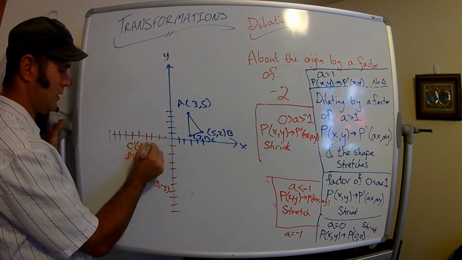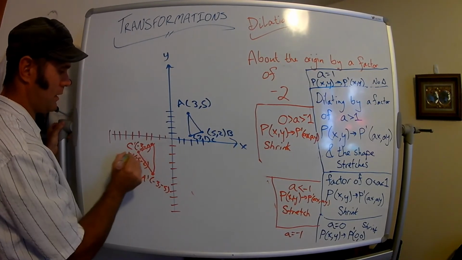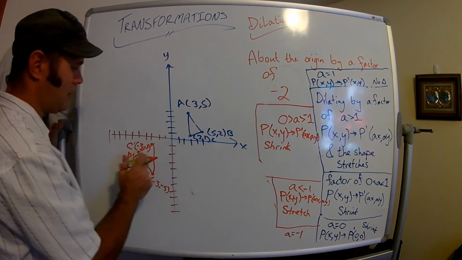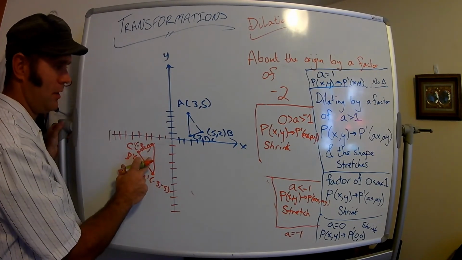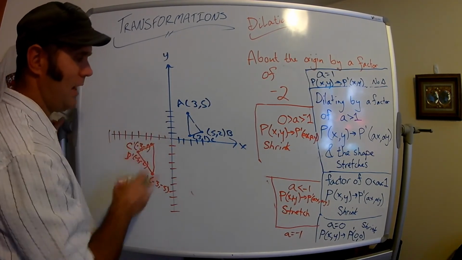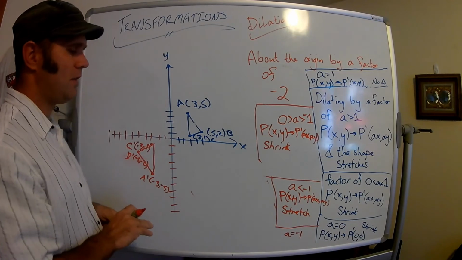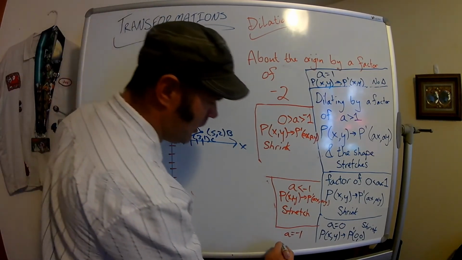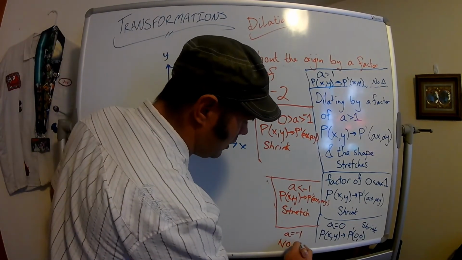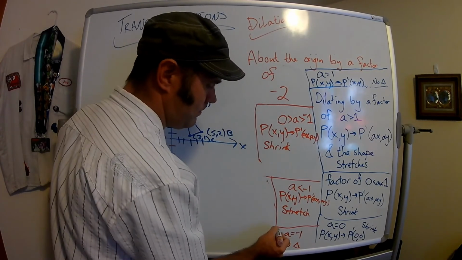So our end answer would have looked like that. And these would actually be congruent shapes. They're the same size, the same shape. They just have a different orientation, so there would be no change.